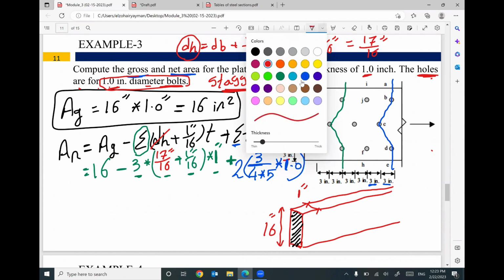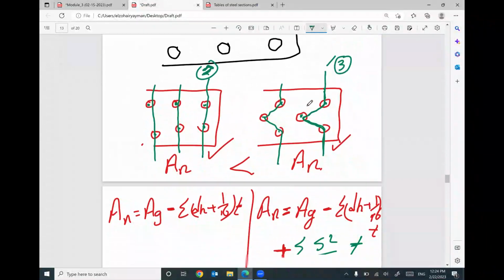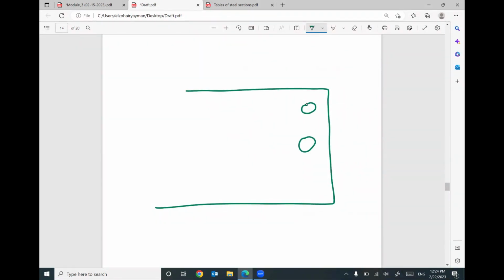I found this part and this part. So how many? 1, 2. So your summation here will be 2. Does that make sense? This 2 is coming from this one and this one. That means if you have a staggered arrangement like this one, can you see? This one is staggered.